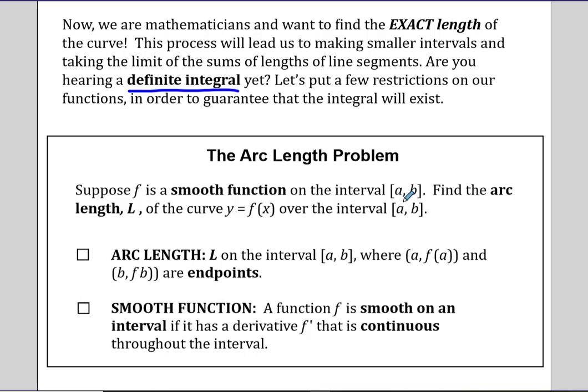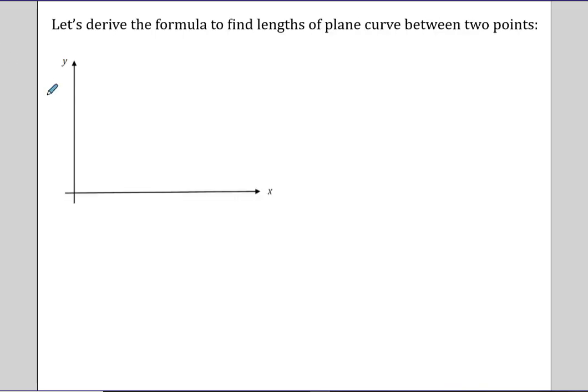To find the arc length exactly, the curve has to begin with an ordered pair and end with an ordered pair, and it's got to be smooth on the interval, meaning it has a derivative that's continuous throughout the interval. So those are going to be our conditions.